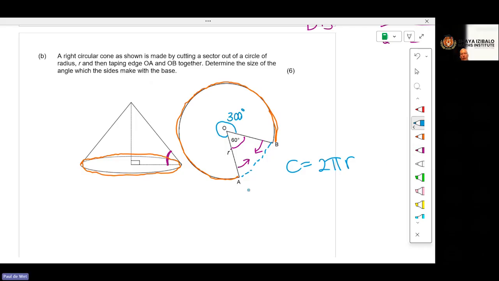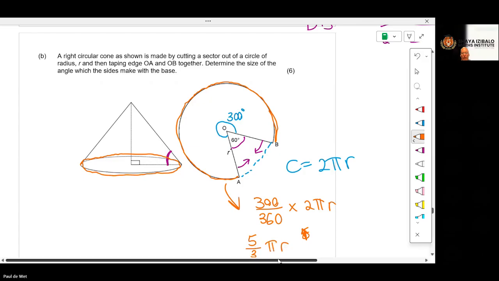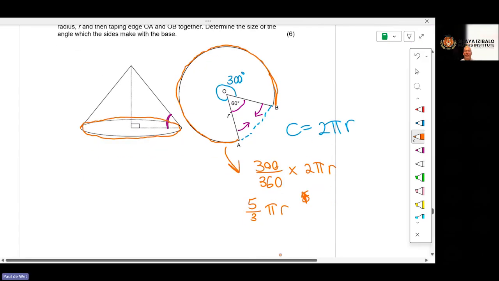This orange line's length is going to be 300 out of 360 times 2 pi r. So 300 divided by 360 is 5 out of 6, and 5 out of 6 times 2 is 5 out of 3. If you simplify that, you get 5/3 pi r.